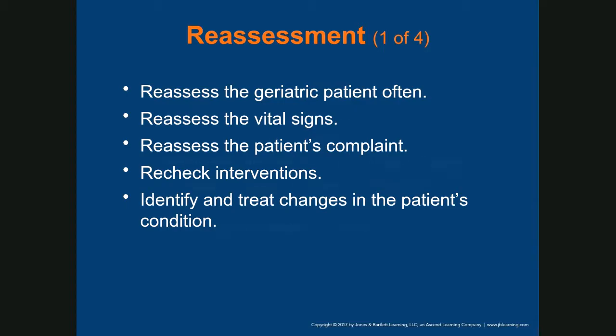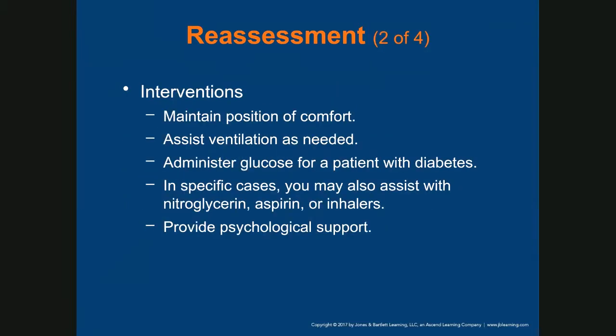You will consider your interventions: maintain a position of comfort, assist ventilation as needed, administer glucose for a patient with diabetes if there is no contraindication. In specific cases, you may also assist with nitroglycerin, aspirin, or inhalers. Provide psychological support.